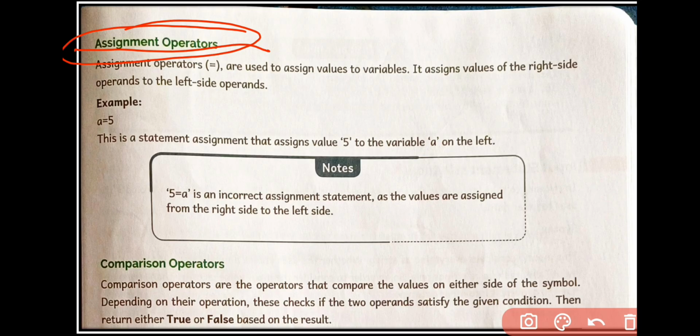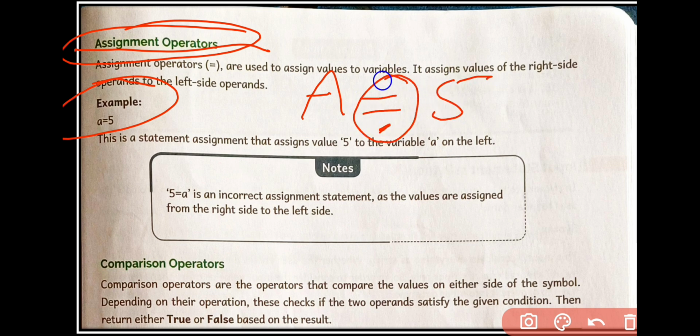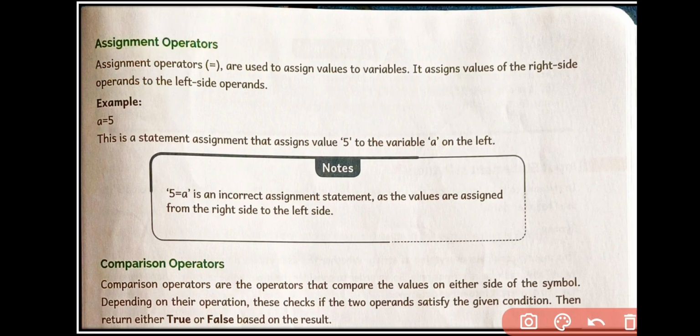It assigns the value on the right side operand to the left side operand. For example, a equal to 5 means 5 is assigned to a. The equal sign is the assignment operator.